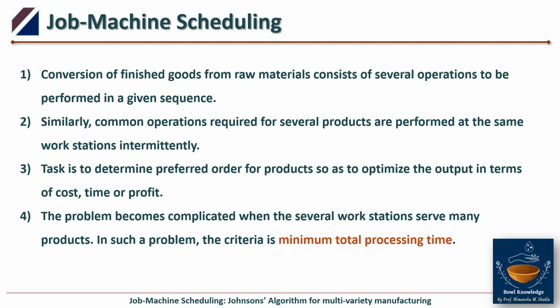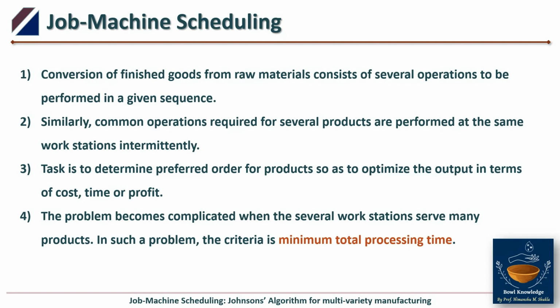So the sequence is there and the time is also there: job A will go to this machine at this time, it will exit this machine at this time, then it will go to the next machine at this time. That is called a schedule. It is very simple to understand that this sequence and this schedule is very important for optimizing our output.